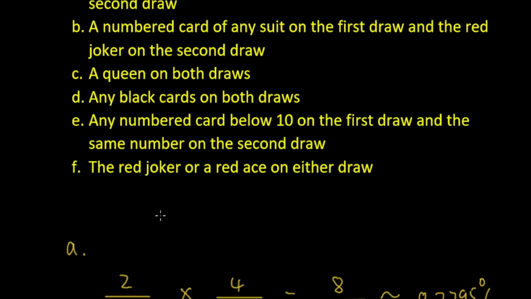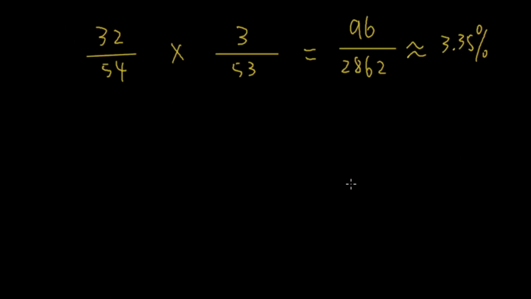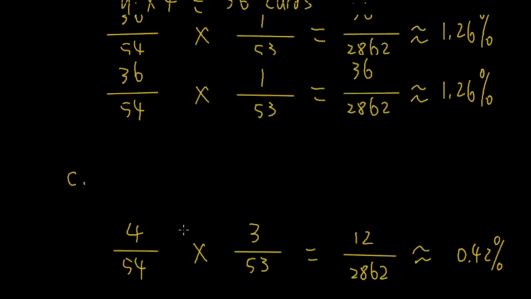Let's look at part F together. The probability of drawing a red joker or a red ace on either draw. Now, this is a little bit harder. On either draw. So, part F. First of all, think about that.